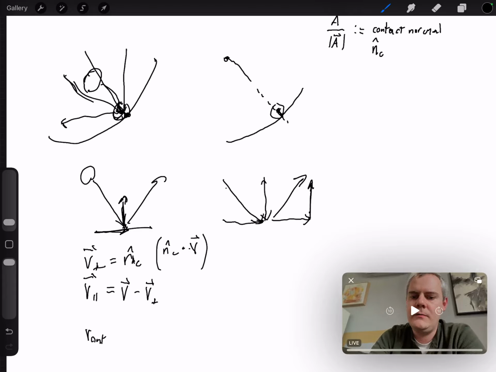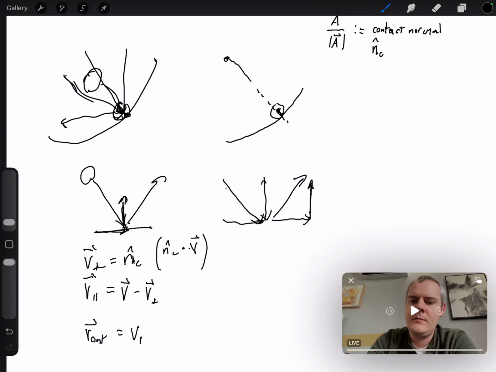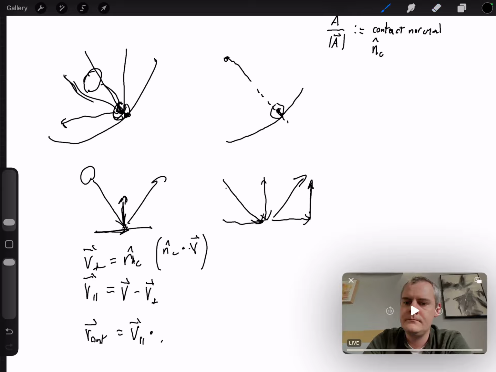So the output of the bounce is the parallel component, and I have a factor here. I can't think of a name. D, I guess.